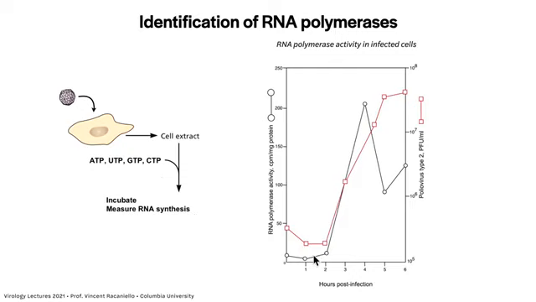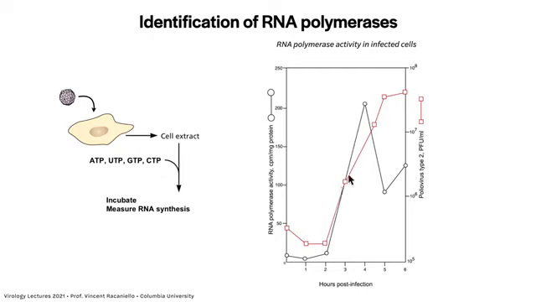And that's one of those early results shown here on this graph. So we're looking at hours after infection, and here on the left is RNA polymerase activity, and this is the amount of radioactivity incorporated into RNA. And on the right is the virus titer in PFU per mil. This is an experiment with poliovirus. And you can see between 2 and 3 hours after infection, you start to see RNA being made.